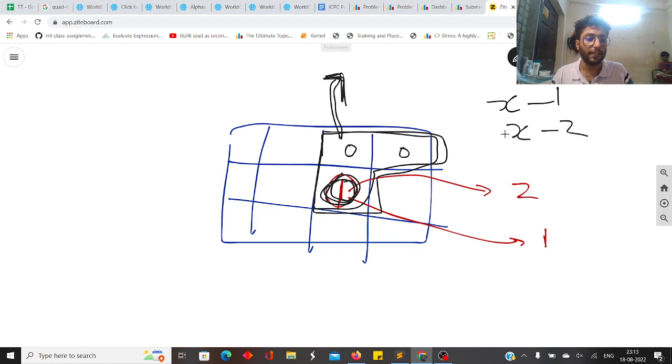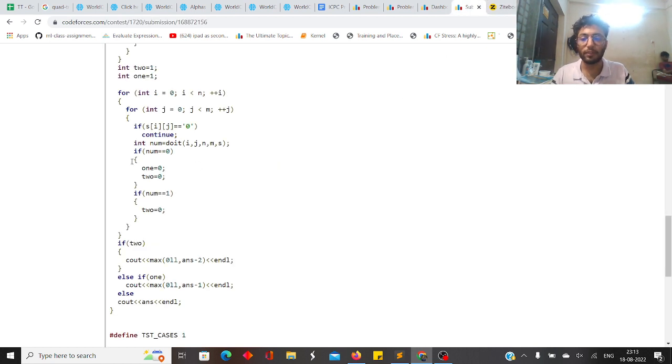Initially I was saying that the worst case scenario was x minus 2, but if there exists an L shape such that only one of the elements is 1, then I put this flag variable as 0, indicating that I need not have x minus 2 moves. I can achieve my answer in less than x minus 2 moves, possibly in x minus 1 moves. So if I have an L-shaped element such that only that corresponding element is 1 in that L shape, and all the remaining elements are 0, then I initialize flag 1 equal to 0 and flag 2 equal to 0.